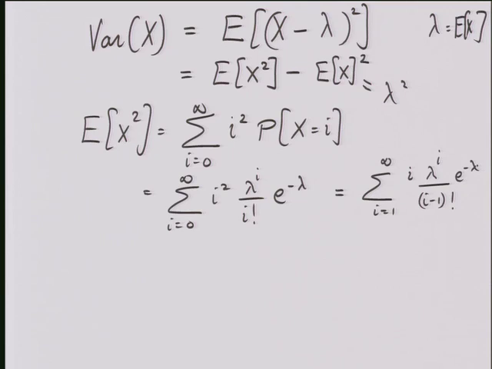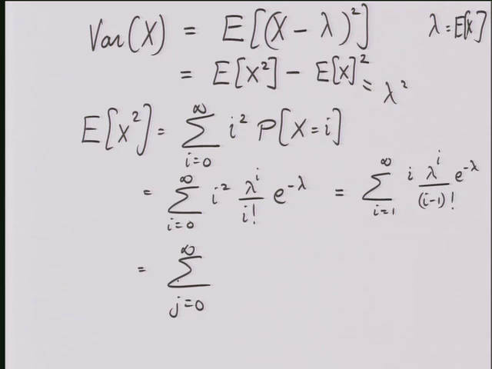So we're going to break this up into two pieces. So should we let j equal to i minus 1, is it? Oh no, let me not do that.